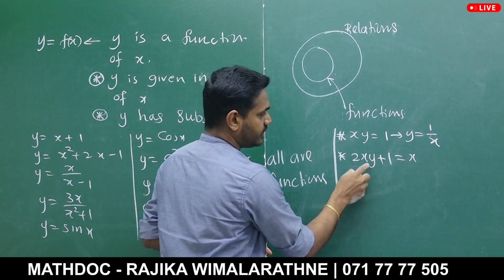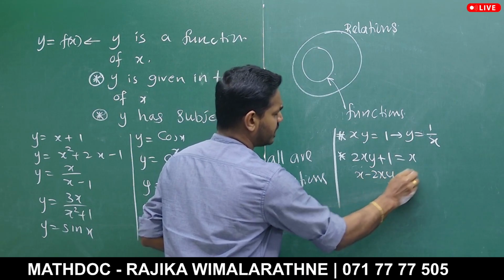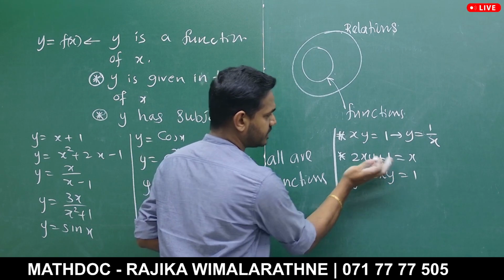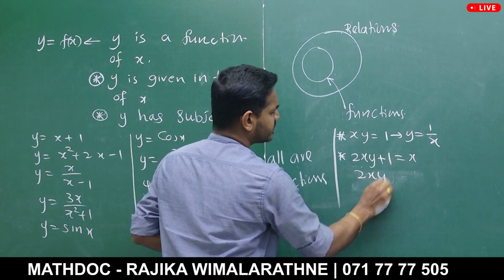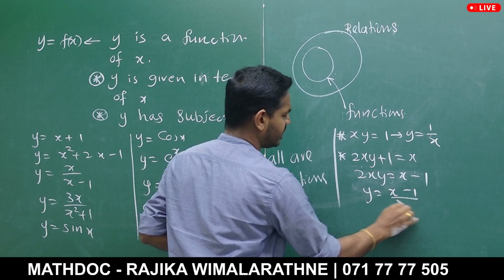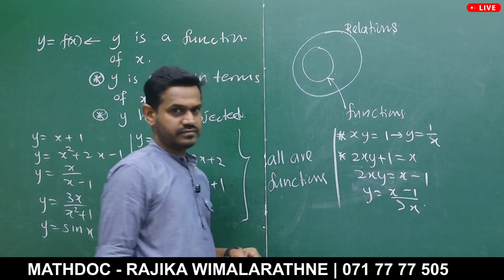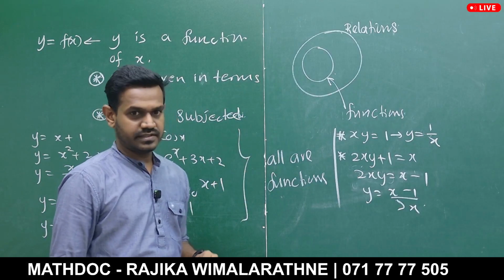You put this on the other side, x minus 2xy equal 1, then 2xy equal x minus 1. You divide by 2x, y equal x minus 1 divided by 2x, no issue. We can easily subject. Then it is a function.